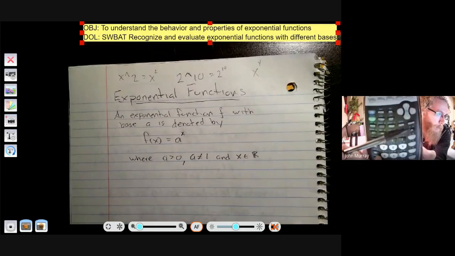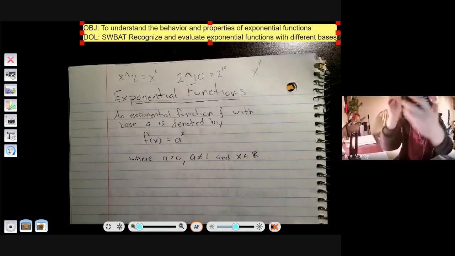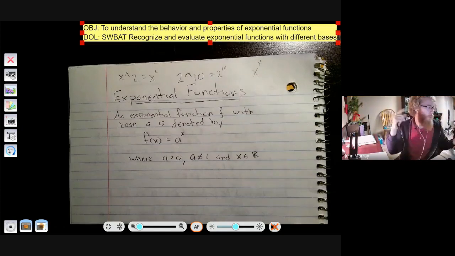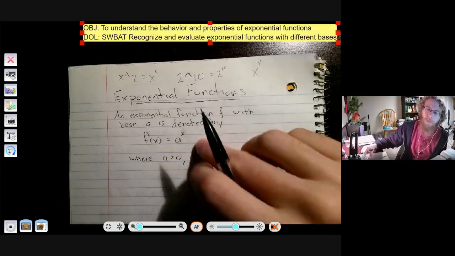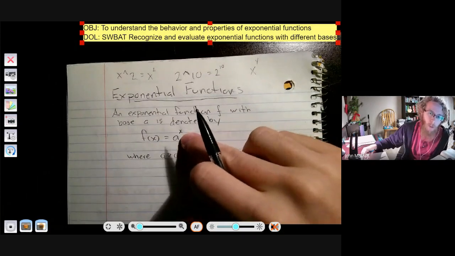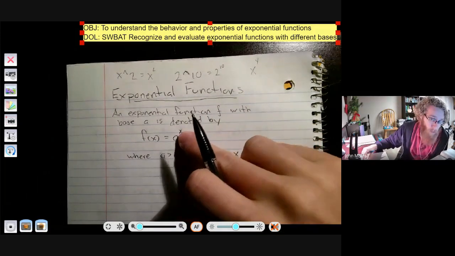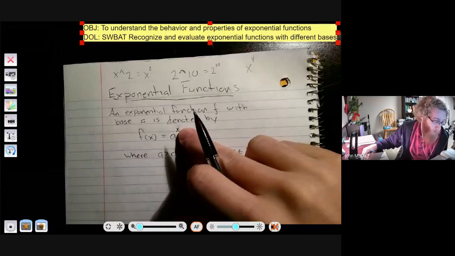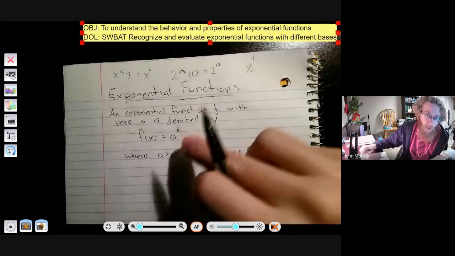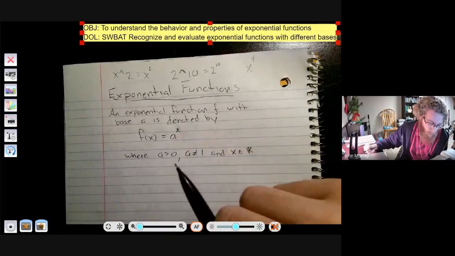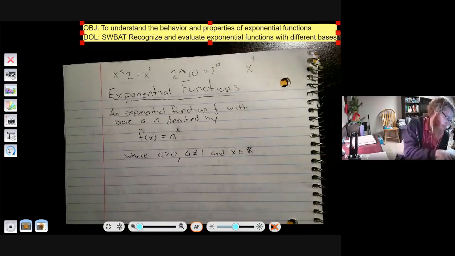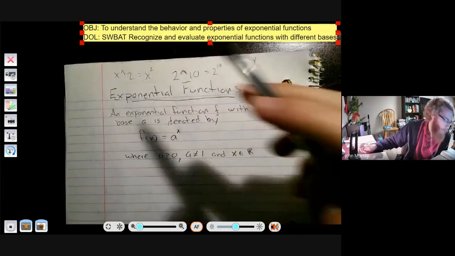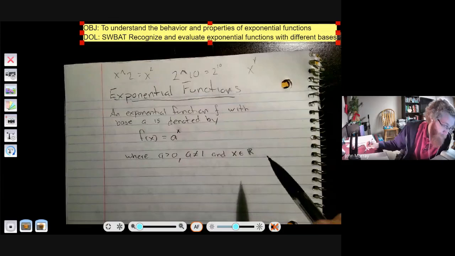If you're not doing something simple like x squared or 5 squared, you would use that caret symbol, and we would also use it to plug in the actual exponent. So I could graph 2 to the x power with that caret button. If you hear me say caret, I'm not talking about the Bugs Bunny carrot. I'm talking about that symbol.